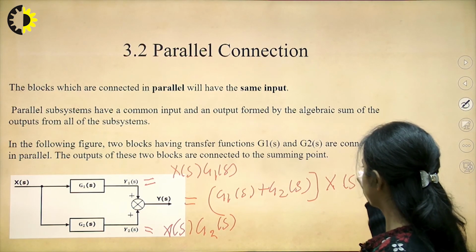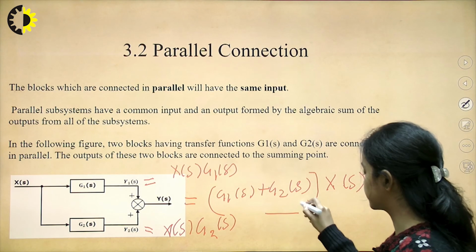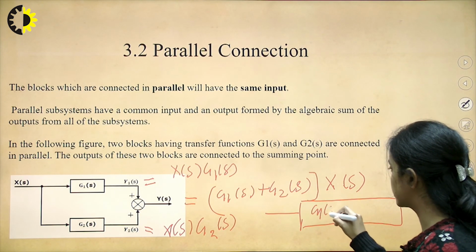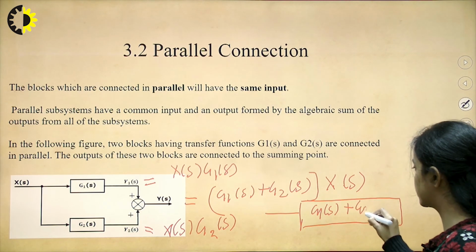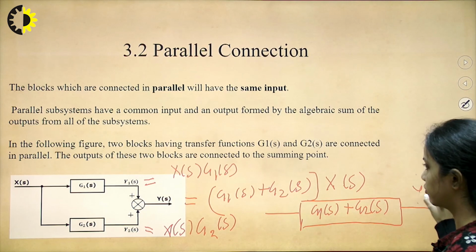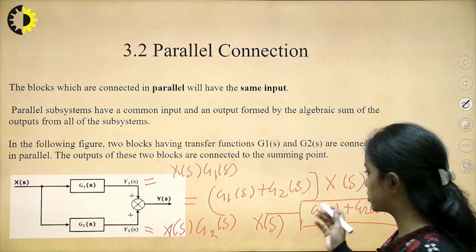So the new block diagram will have G1(s) plus G2(s), with Y(s) as output and X(s) as input. This is the new block diagram.